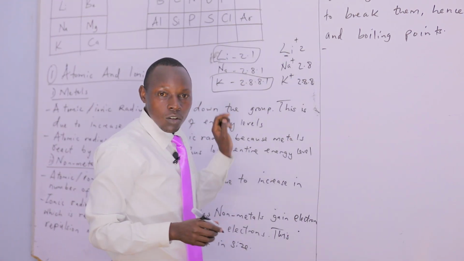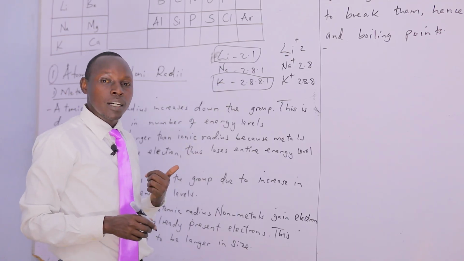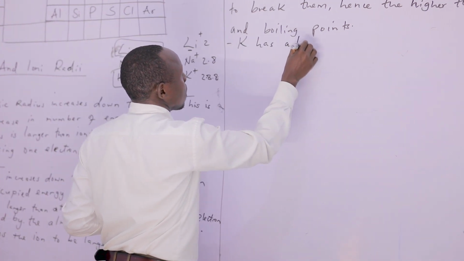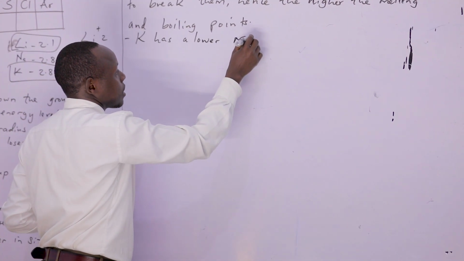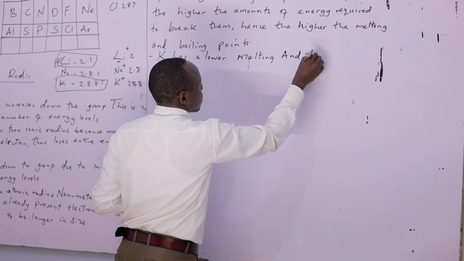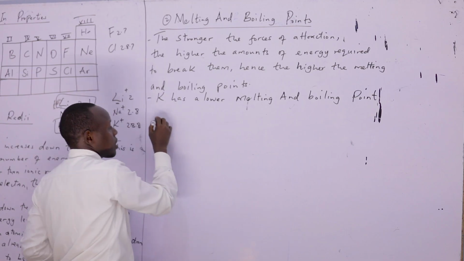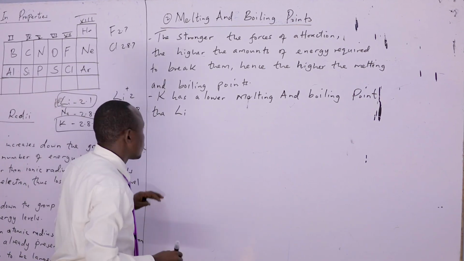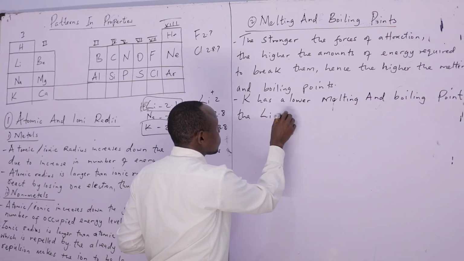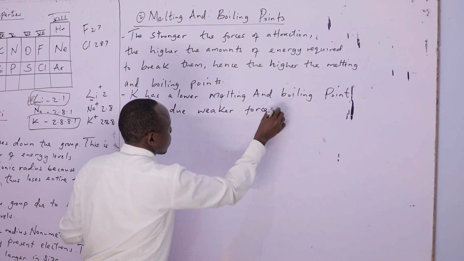So in such a case, potassium will have a lower melting and boiling point than lithium due to weaker forces of attraction.